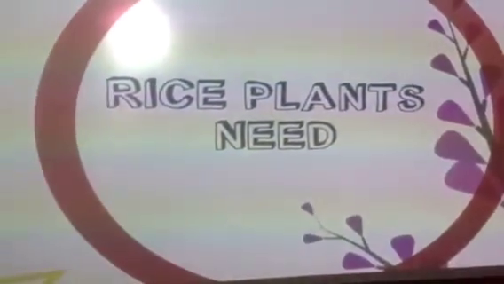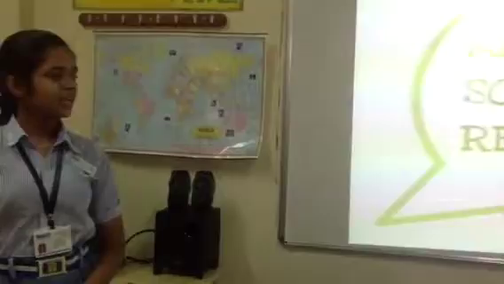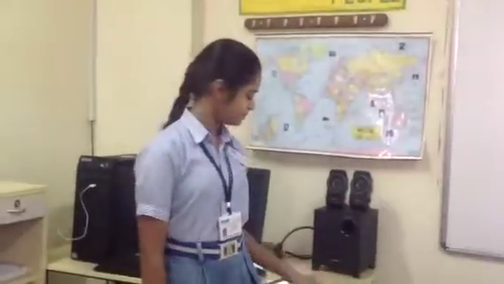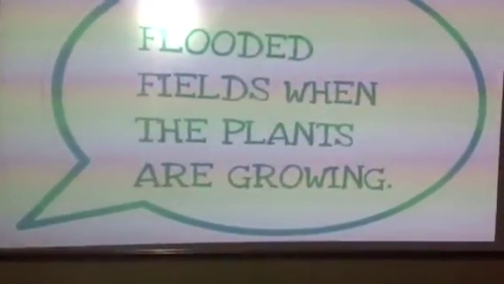A rice plant needs high temperature, about 25 degrees Celsius during its growing season, high humidity and rainfall from about 150 cm to 200 cm, alluvial clay soil which can retain water, flooded fields when the plants are growing.